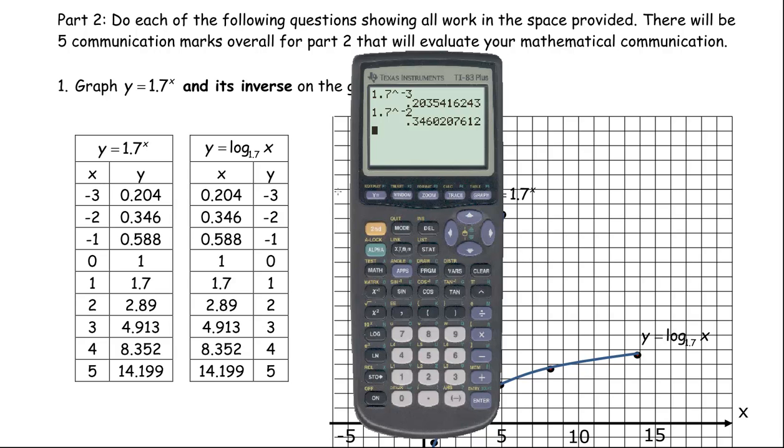Now, if you have a graphing calculator and you want to produce the table, instead of doing all that, you can type in 1.7 to the power of x, and you see the table function here. I'm going to go to table set, and tell it to start at -3 and go up by 1. The delta table means it's going in increments of 1.